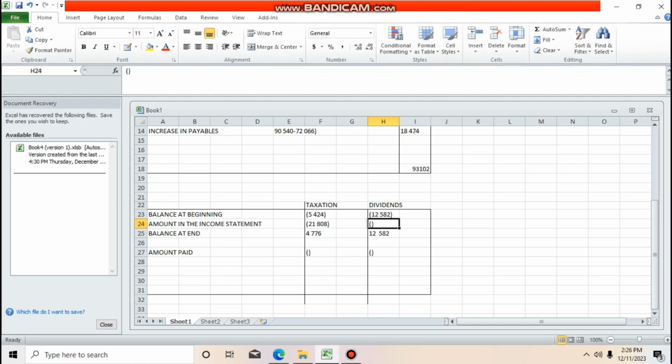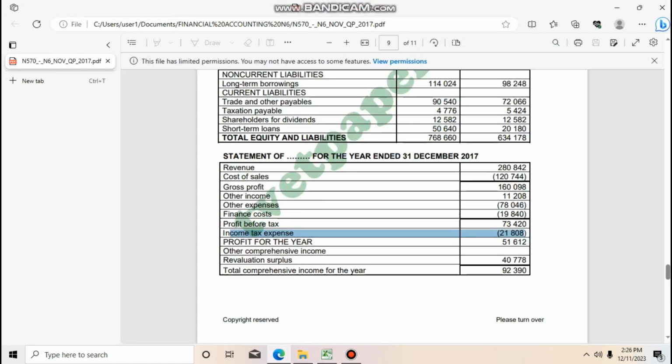Same applies to the dividends. You're only going to find the dividends on the income statement. Here's the dividends. Where is the dividends? Do we have the dividends?